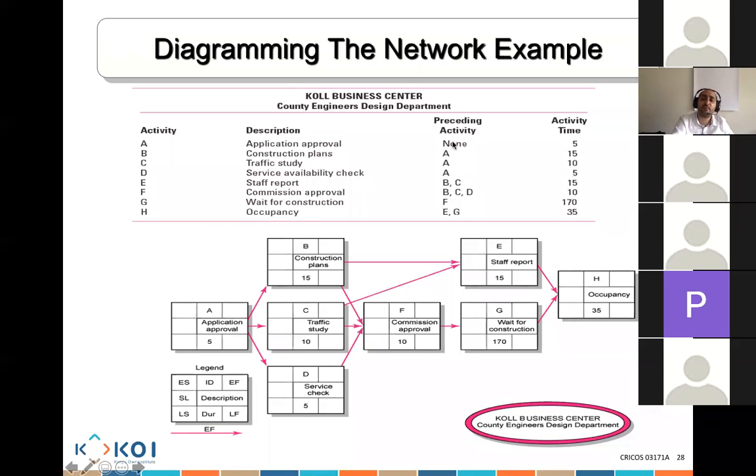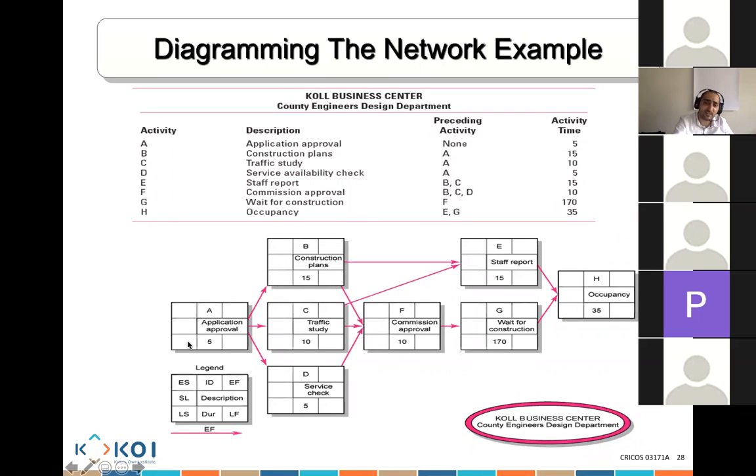Give me the thumbs up if you're clear. Binay, Sanjay, Arjun. So what does legend mean here under the A? Okay, legend is how we are drawing it. So we're gonna draw what we call ES, which means early start, which you put in this box. EF is early finish, which is what we put in this box.